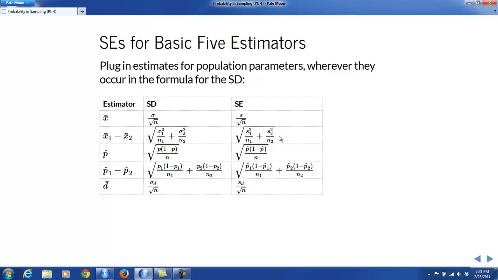And you can construct confidence intervals, rough 68, 95, and 99.7% confidence intervals for mu1 minus mu2 using this standard error. The same can be done for p hat, for p1 hat minus p2 hat, and for d bar. Just replace parameters with their natural estimators.